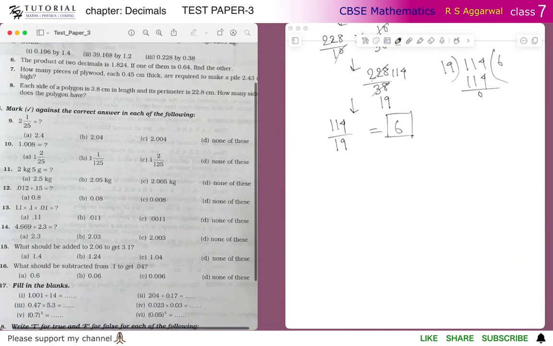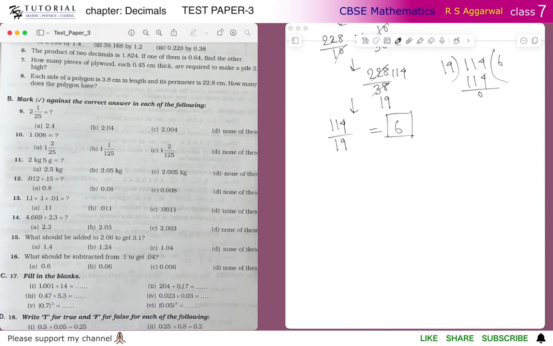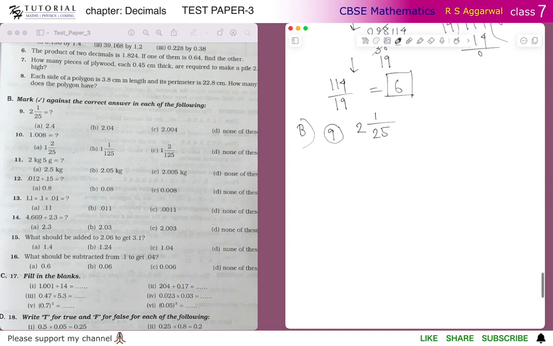Now section B, problem number 9. It is asking how much is 2 upon 1 by 25, it's a mixed fraction. The choices are given in decimal. Okay.